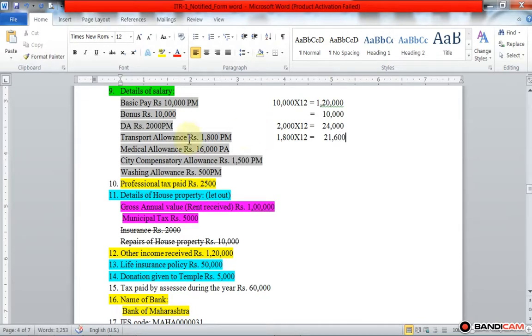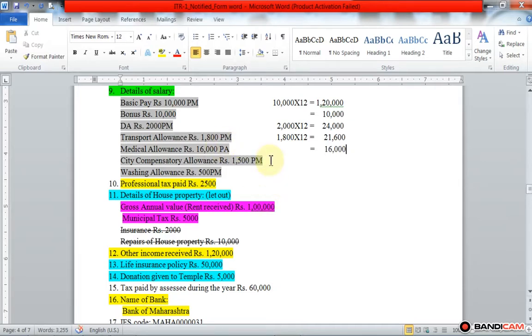Then medical allowance 16,000 per annum. It means a medical allowance for a year, 16,000.